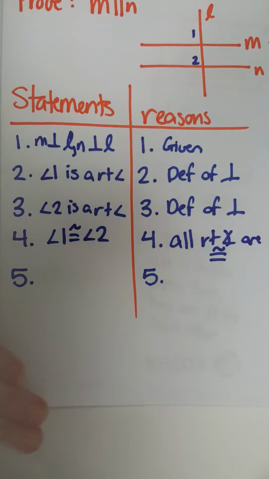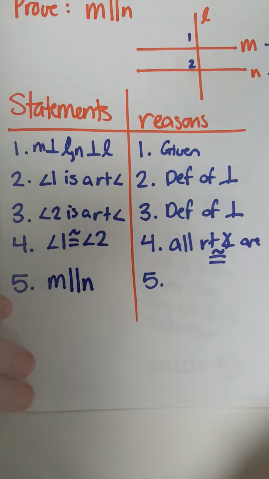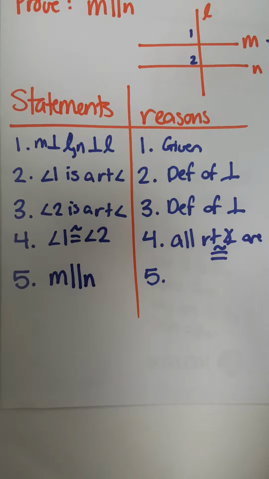Okay, we've used this before. We know that all right angles are congruent to each other because they're all 90 degrees. So all right angles are congruent. Now what is my final step? I can finally say that M is parallel to N. What is the reason that I'm allowed to say they're parallel?